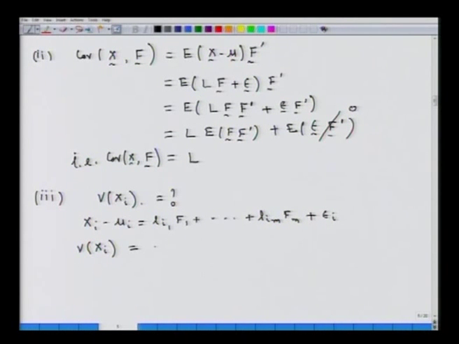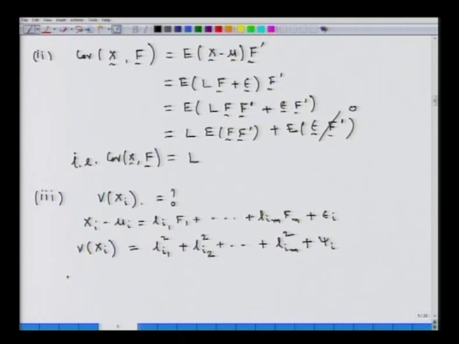So what we are going to get is Li1 square, because the variance of f1 is equal to 1, so it is just the square here, then Li2 square and so on. The mth term is Lim square, plus the variance of epsilon i, which is the specific variance psi i.